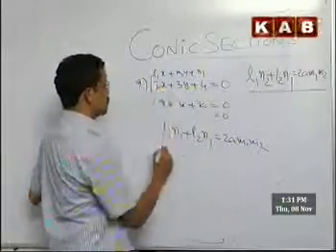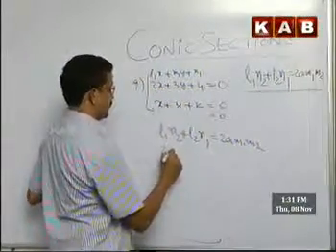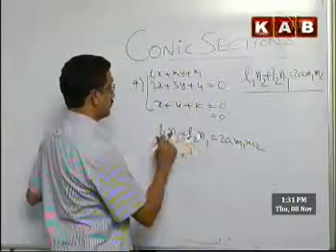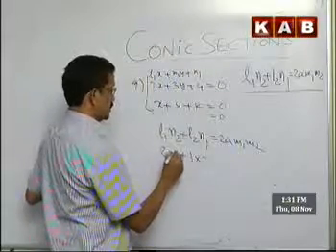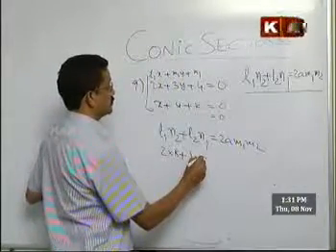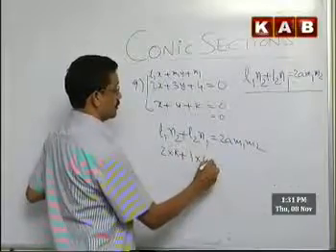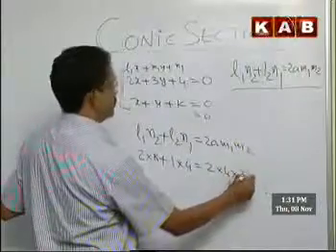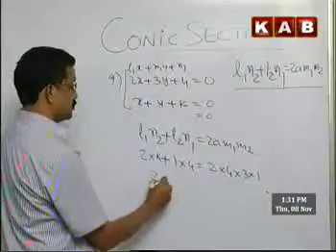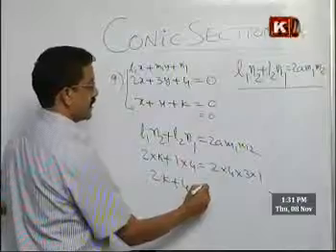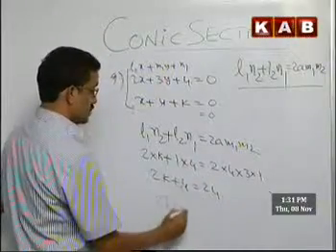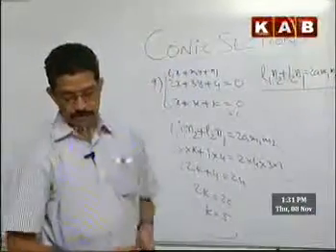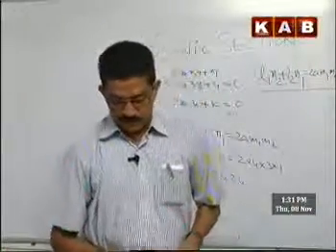Now your L1 is 2, your N2 is 1, your L2 is 1, your N1 is 4. 2a, 2 into a is 4. M1 is 3, M2 is 1. So the total condition: 2 plus 4 into 1 gives 2k plus 4 is equal to 24, 2k is 20, k is 5.